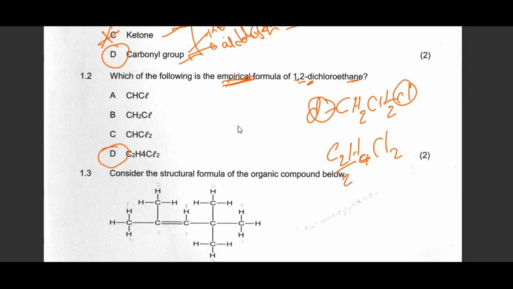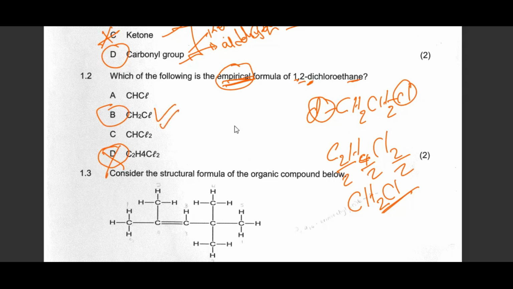If I divide by 2, divided by 2, divided by 2, I'm going to have CH2Cl. If I have this in the question, then it becomes the most correct answer. Therefore, B is the correct answer, because they want the empirical formula, the simplest way you can express it, so this one becomes wrong. It's also a confusing thing if you don't take care of it.